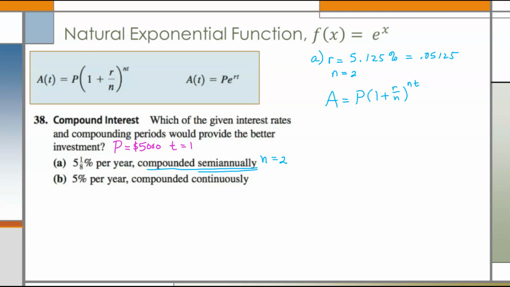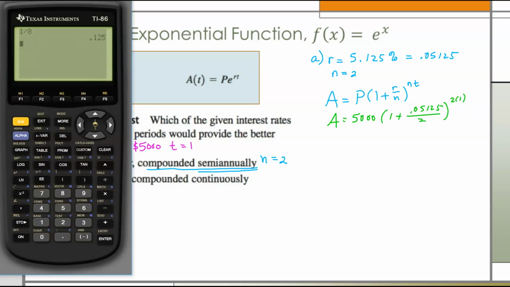Okay, so then we end up with A equals 5,000 times 1 plus 0.05125 all over 2 raised to the 2 times 1. Okay, so if we're compounding semi-annually, let's take our 5,000.